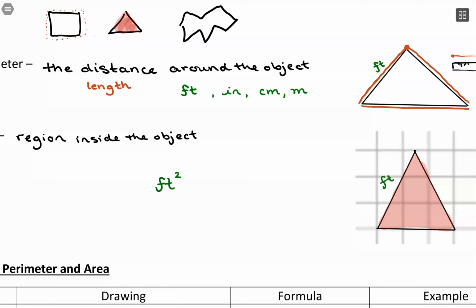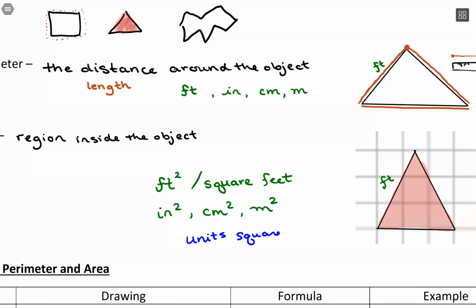So it'll be like feet squared, or square feet is how you could write it also. Either way is fine. And if it was in inches, you'd have inches squared, or centimeters squared, or meters squared. The key is that with these two forms of measurement, perimeter, units stay the same. When we take area, we're going to have units squared.